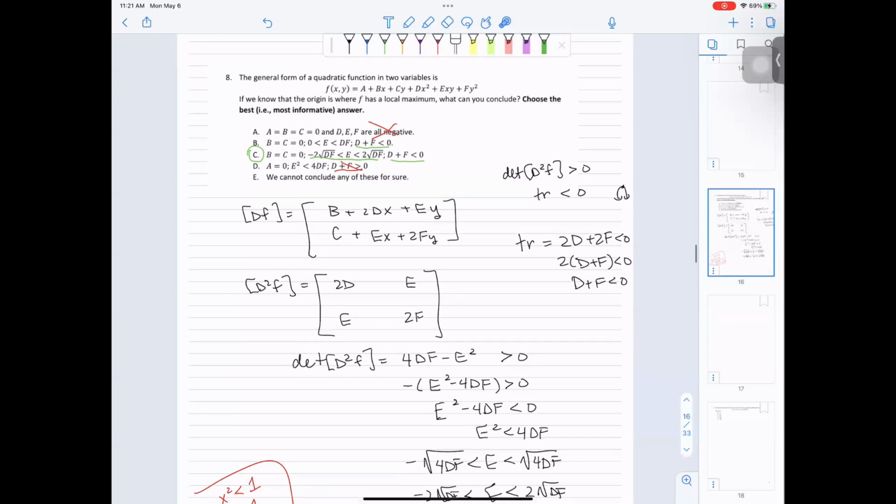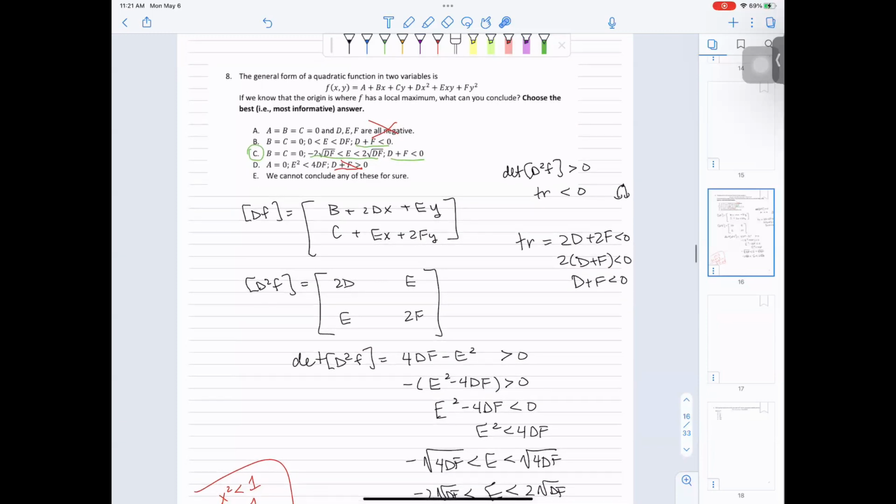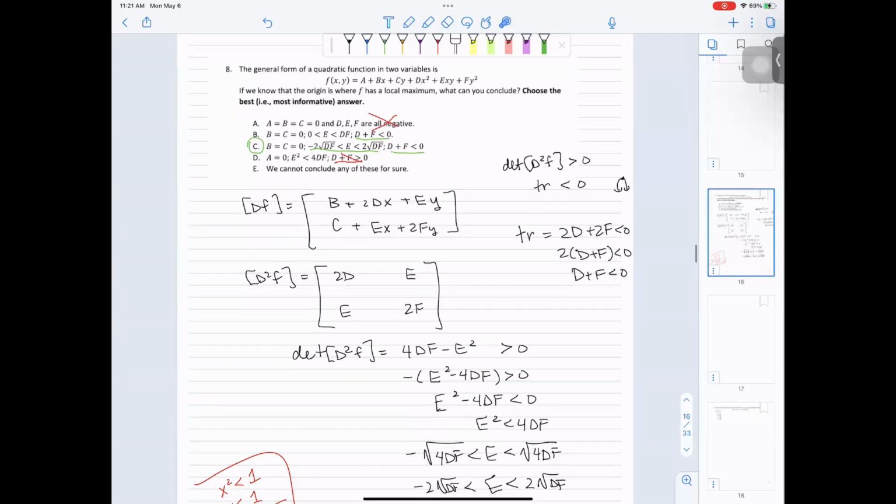Choose the best, most informative answer. Let me think. If b equals c equals 0, they definitely work because they're not in the Hessian when you take the second derivative.